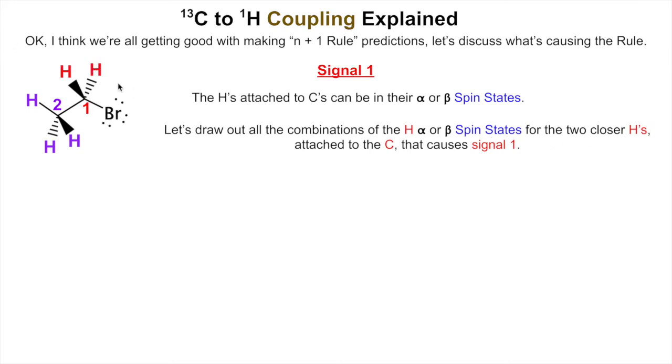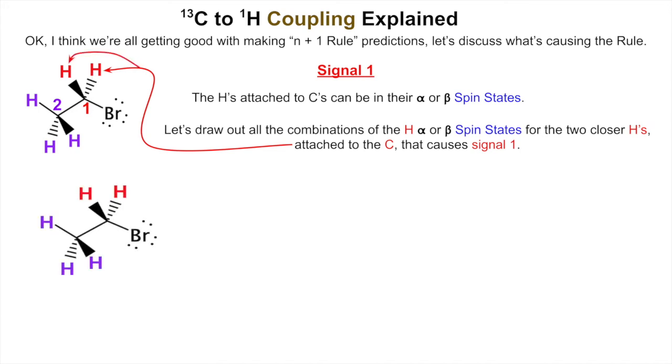We're going to focus in on signal 1, and look first at the 2 hydrogens directly attached to that carbon. These 2 hydrogens can be both in the alpha spin state. That's one combination, because each of these hydrogens can be alpha or beta, so there's a chance that both are alpha. Or there's a chance that one's beta and one's alpha.